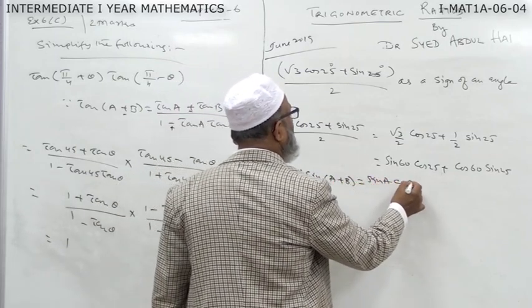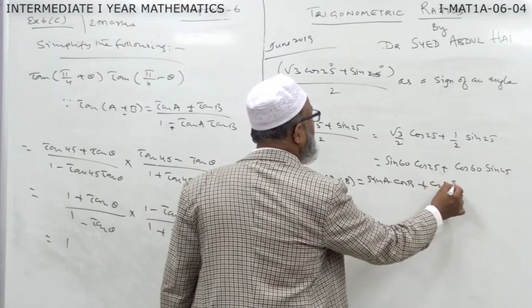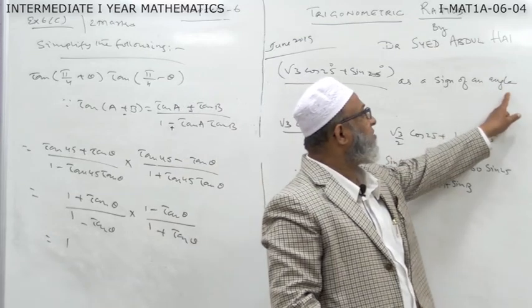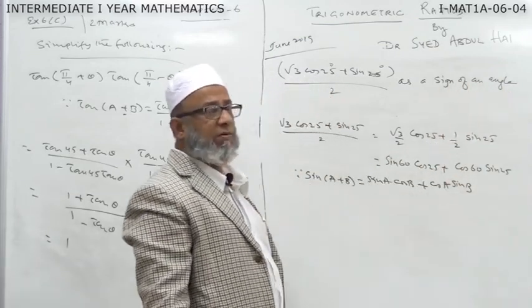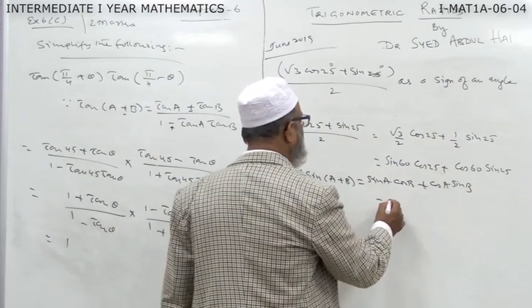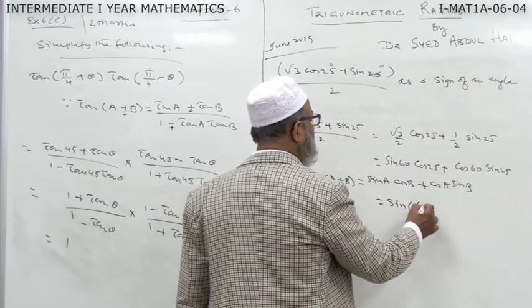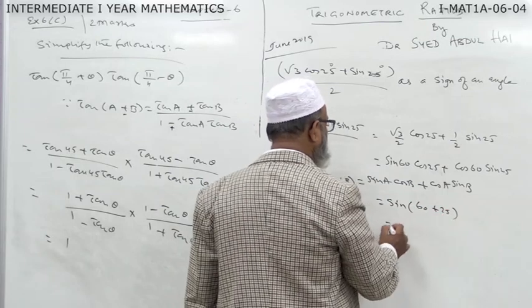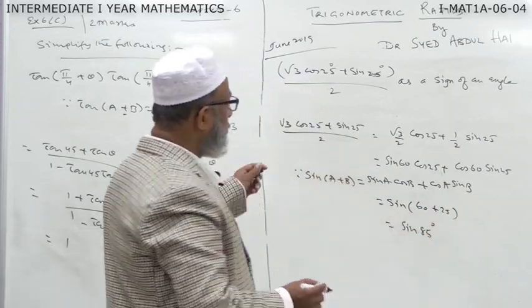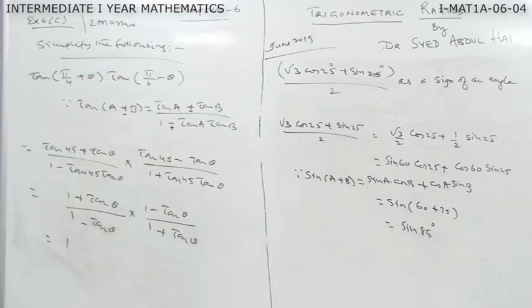Sin A cos B plus cos A sin B. Because he asked the value in terms of sin, sin of an angle means sin A cos B plus cos A sin B is equal to sin of A plus B, 60 plus 25, which is sin 85. So, the answer is sin 85 degrees.